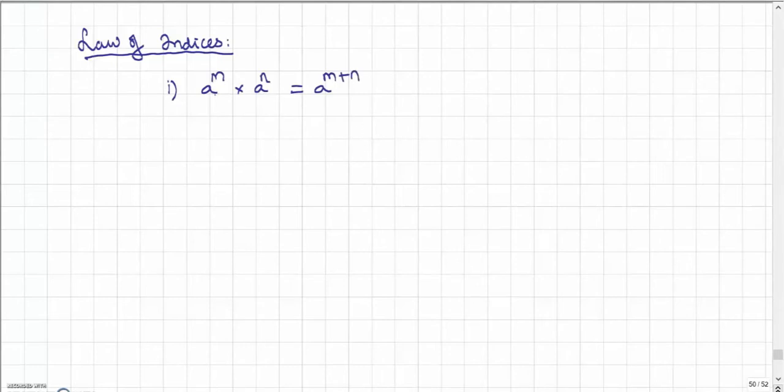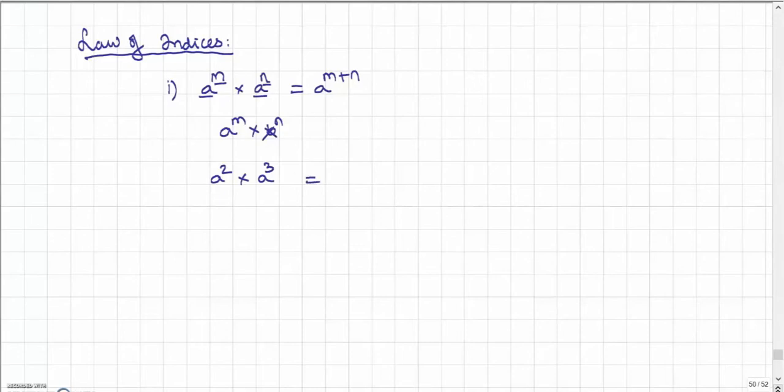Okay, so when the base is same and when the powers are there, you can simply add the powers. You cannot do this with a power m into b power n, because base is not same, it is different. Take an example. Let's say you have like a square multiplied by a cube.